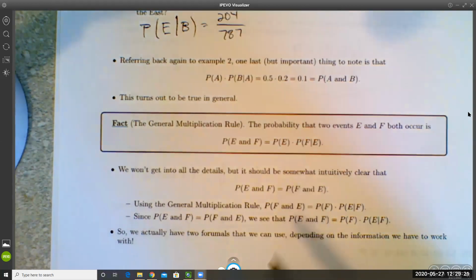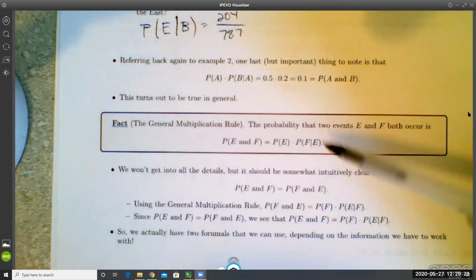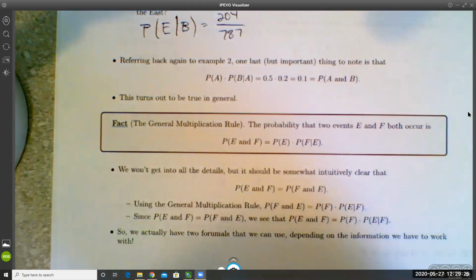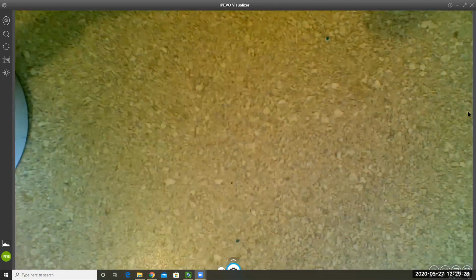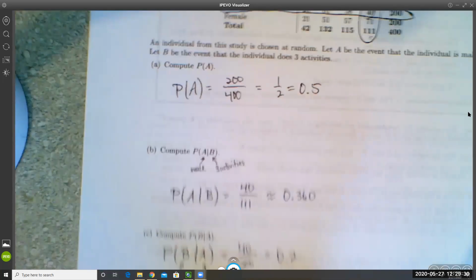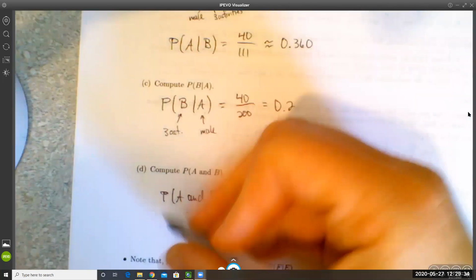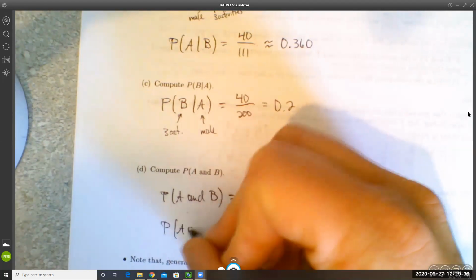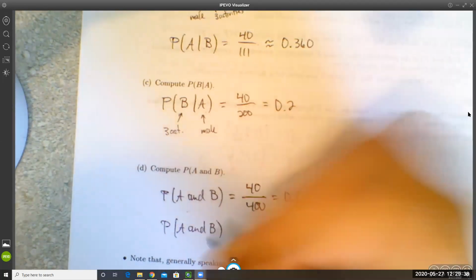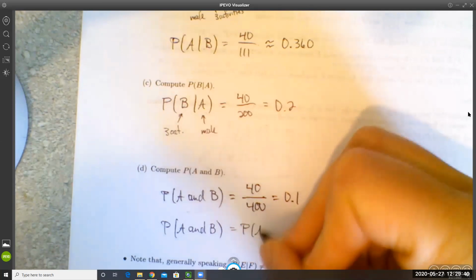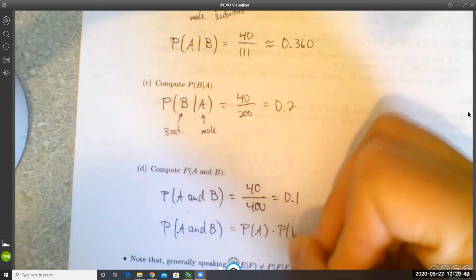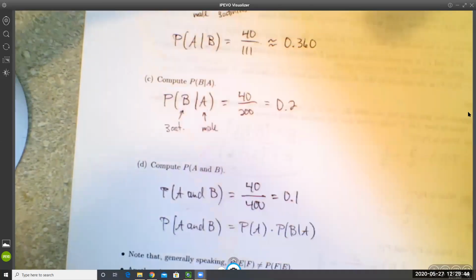Just to convince you of this, if you refer back to example 2, we're claiming that probability of A and B should be the same thing as probability of A times probability of B given A. Well, we can verify that.